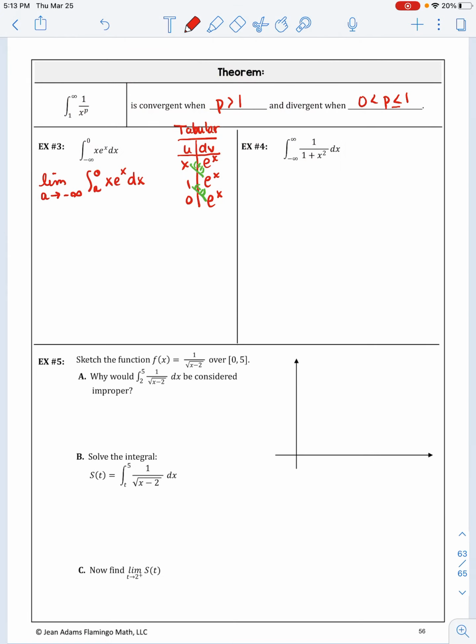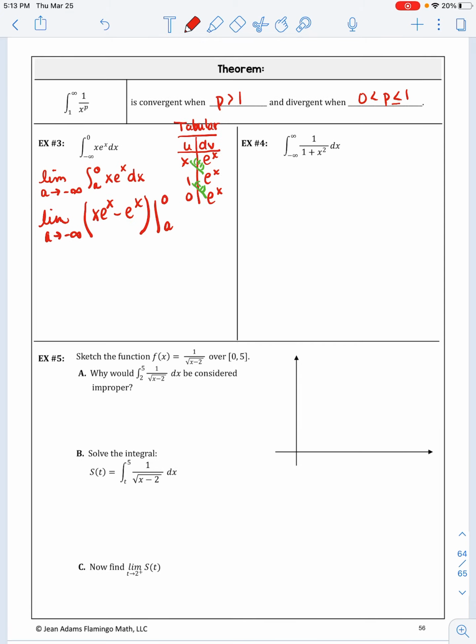So let's go ahead and look at our limit as a goes to negative infinity. So this becomes positive 1 times x times e to the x is x e to the x, and then negative 1 times e to the x, so minus e to the x, okay? And from a to 0. So we've got our limit as a goes to negative infinity.